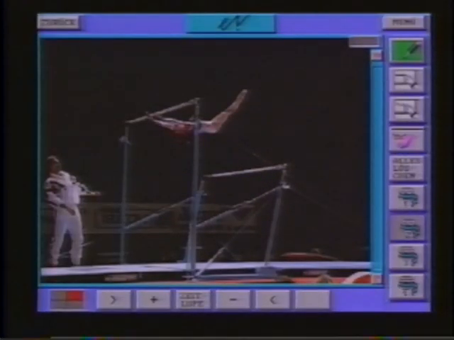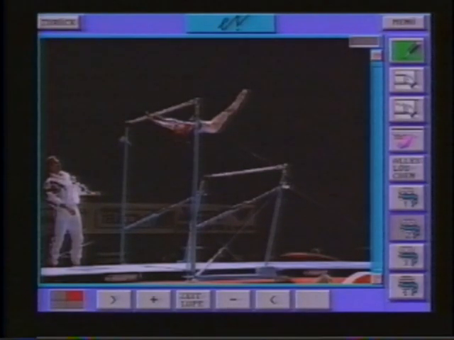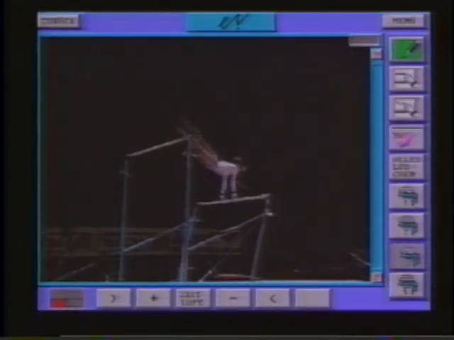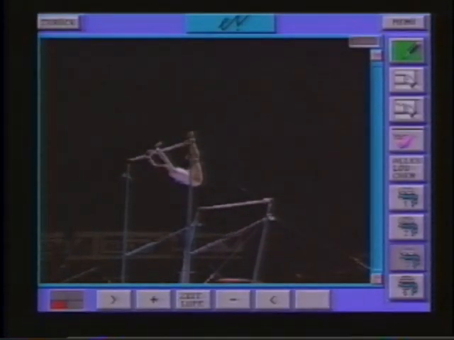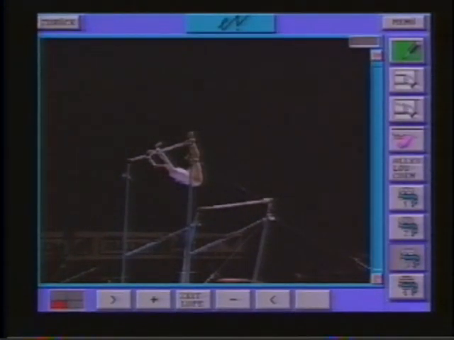Same element, still no deduction. Likewise, the same element, deduction for lower body position and hip angle in flight, minus 0.05.